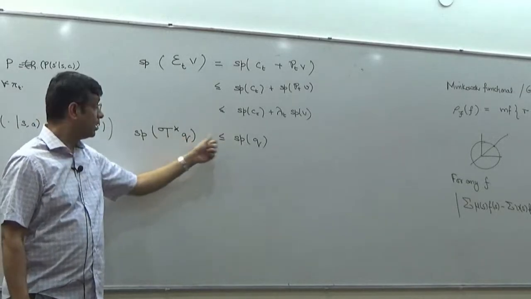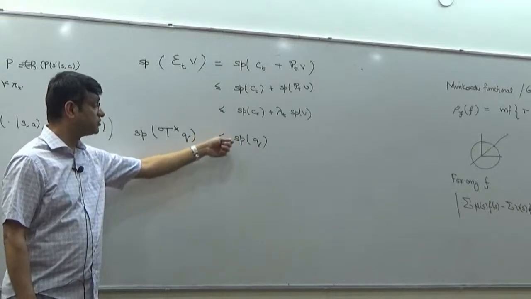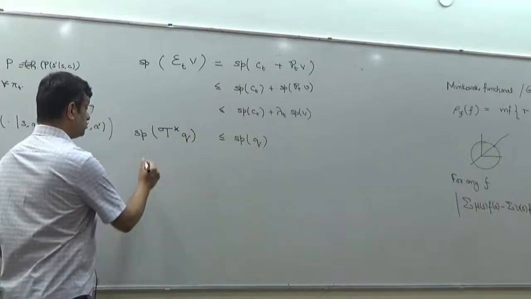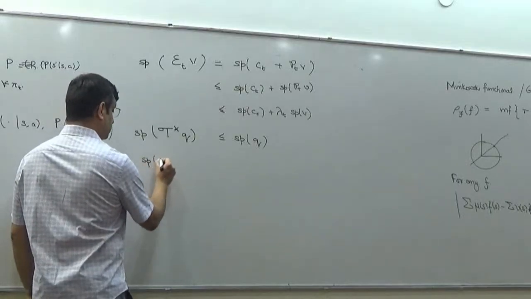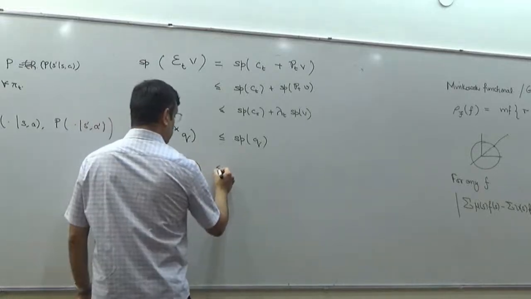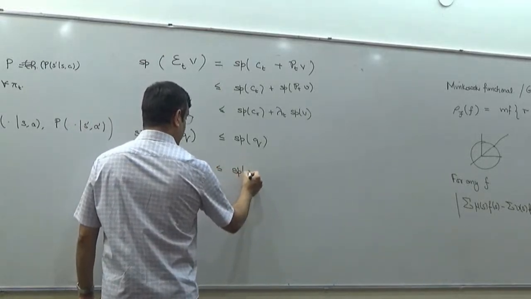Because this will be the distance between specific actions, and span is worst case over all actions. I'll also get that for any policy, span of this applied on policy pi t and q is going to be less than or equal to span of q.